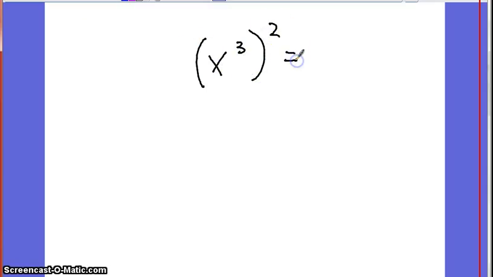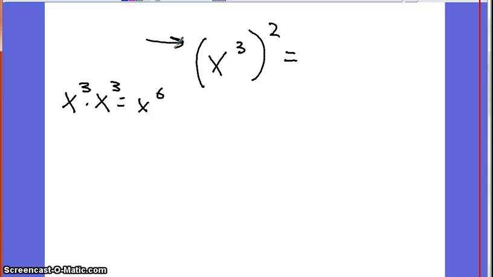For example, x to the third, squared. This one you have to be careful with. Before, if we did x to the third times x to the third, we'd have x to the 6, right? 6 x's. That's exactly what this problem is asking us to do: x to the third times x to the third.